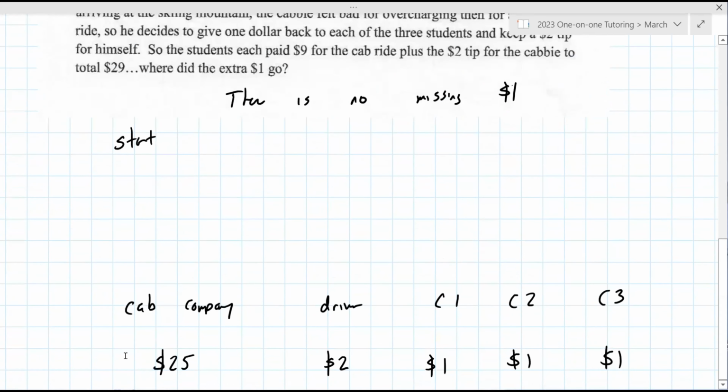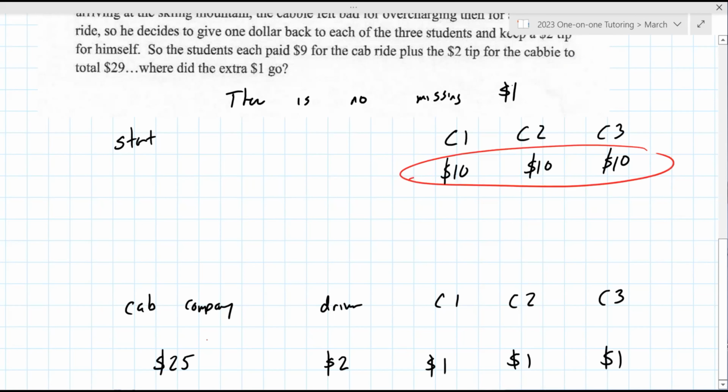They're giving him 25, and then they give a $2 tip. So it's like if customer 1, customer 2, and customer 3 each have $10 or 10 ones. From this grouping, they are paying 25, which means there's 5 left over. Does that make sense? Yeah, okay.